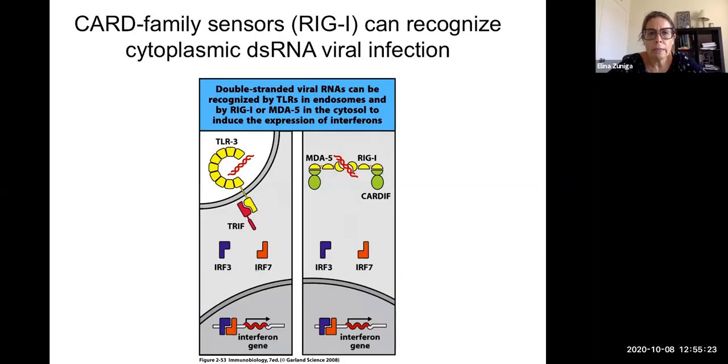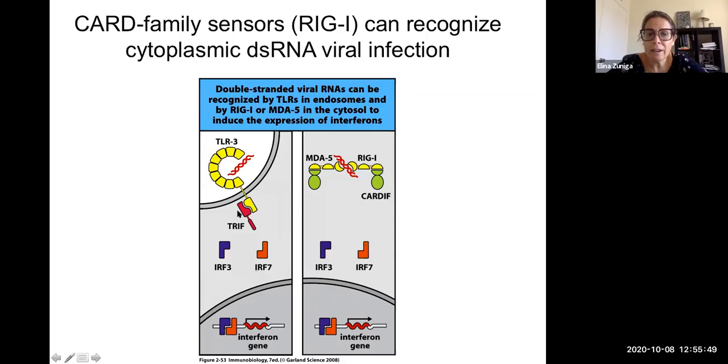Another family of cytosolic receptors, apart from the NOD-like receptors, are the CARD-like receptors. These CARD family sensors, which include RIG-I, for example, recognize cytoplasmic double-stranded RNA.